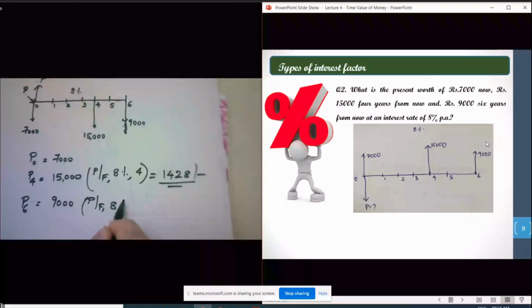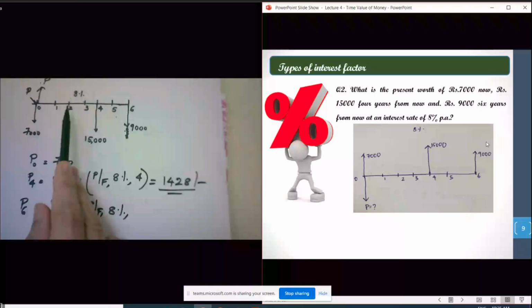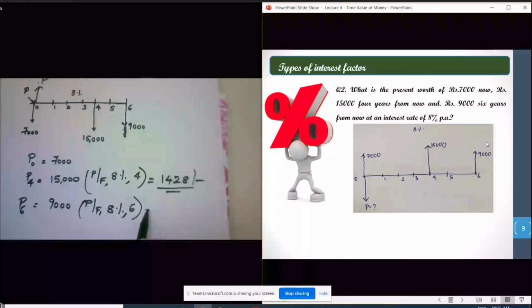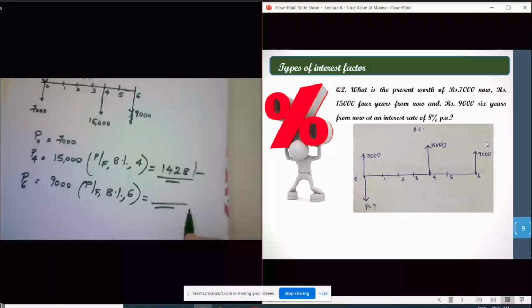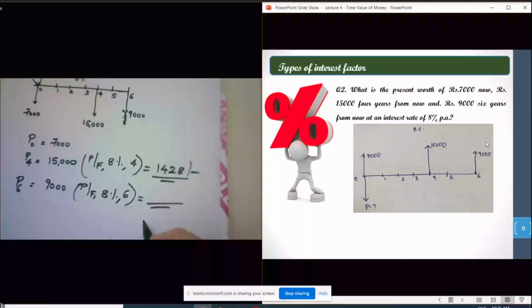Now I have to go by 1, 2, 3, 4, 5 and 6 steps to reach 0. So what will be the value here? Okay, some value you will get.